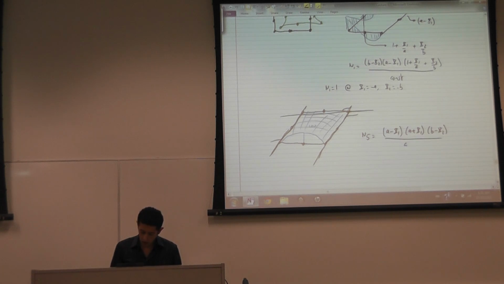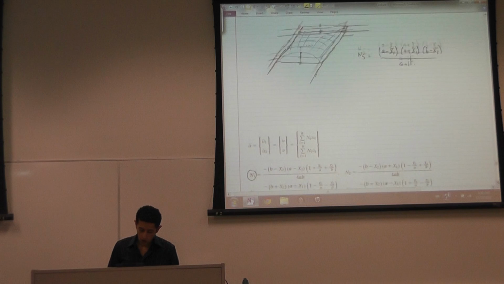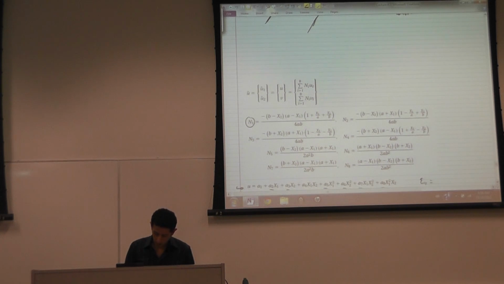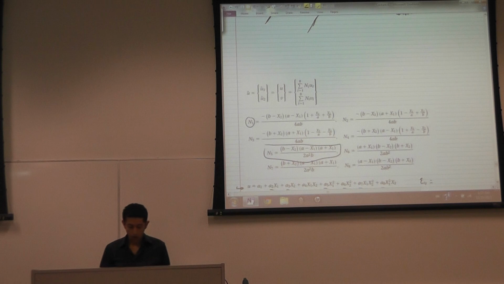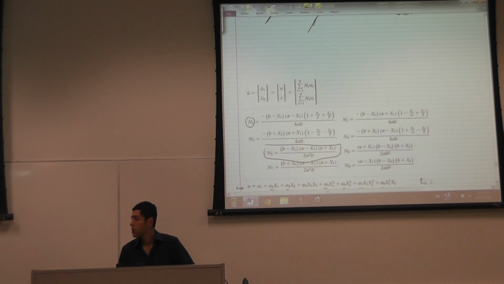Again, divided by a constant for normalization, because I want N5 to be equal to 1 at this node and 0 everywhere else. So N5 will have this form. And these are the shape functions that are used to describe the deformation of this element.